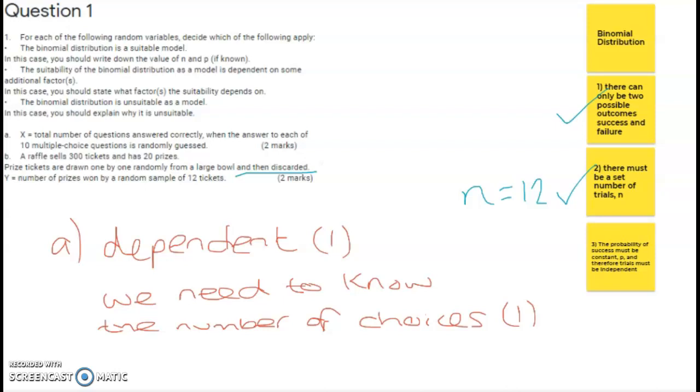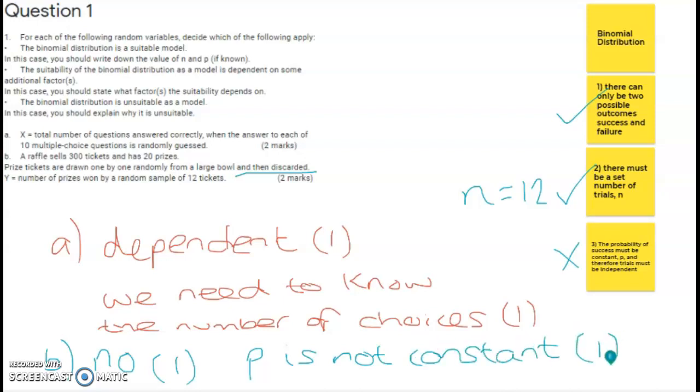But the probability of me winning on the second ticket drawn is 1 out of 299. And then 1 out of 298. So this is not true. So B is no, 1 mark. P is not constant, because that probability changes every time.